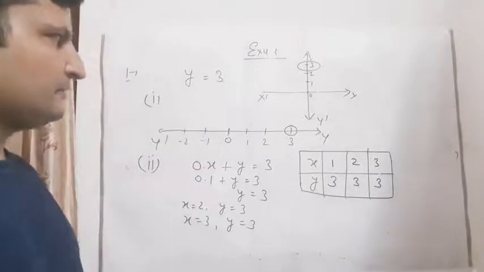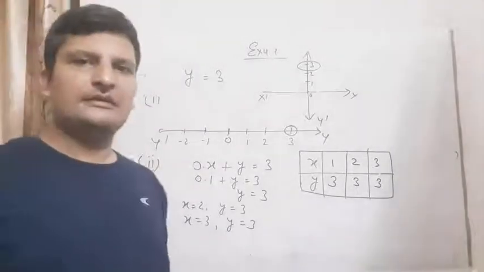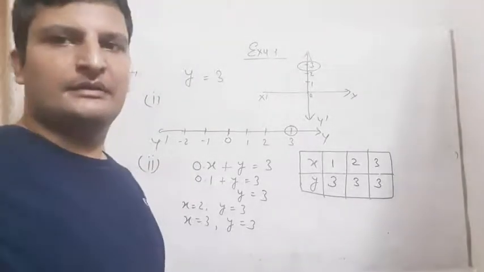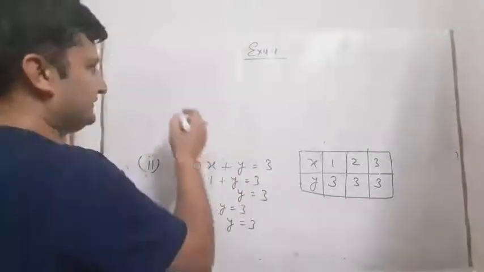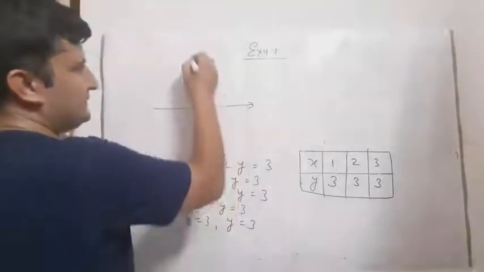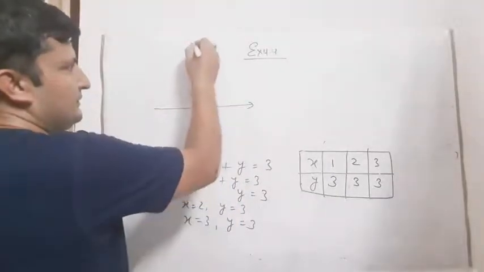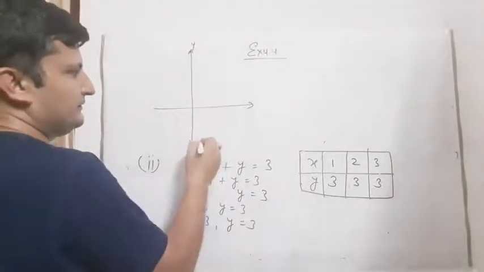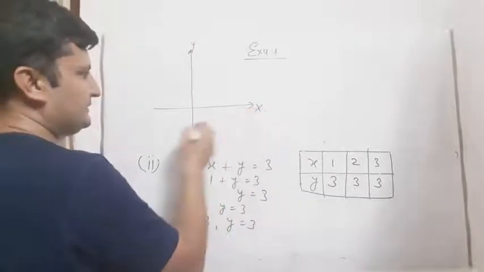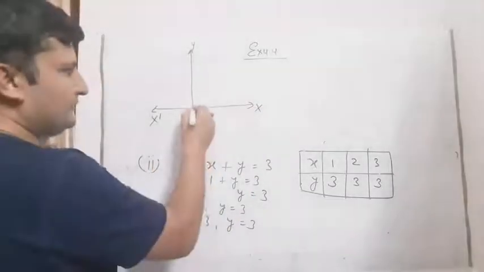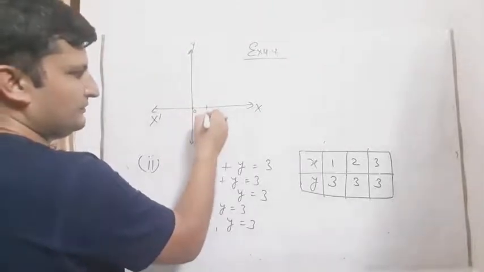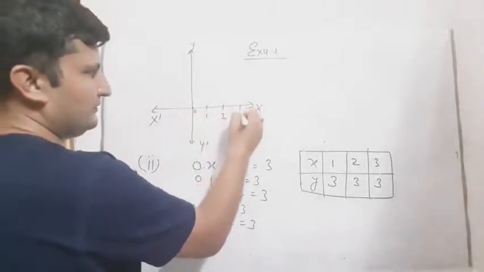So now we have to represent it on graph paper. Now students, we will make a graph like this. This is the x axis, this is the y axis, y dash, x and x dash. This point is 0, 1, 2, 3.